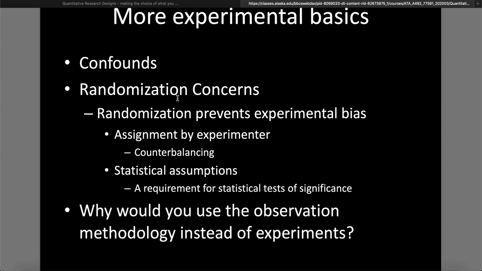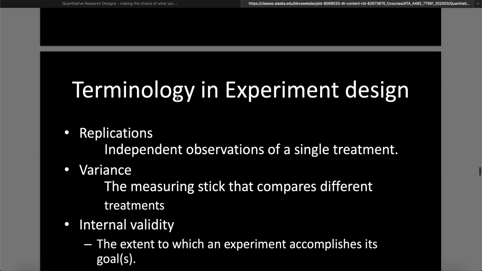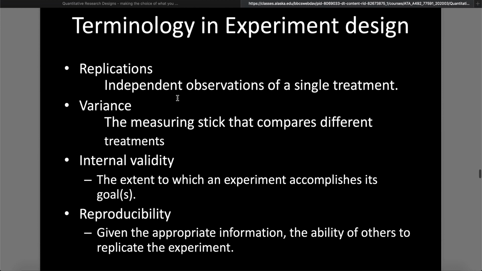We'll have to talk about how we do that in methodology, but we always want to randomize our sample to the different groups that we assign them to so that it minimizes bias. We also want to be able to replicate. We also want to have some variance. Basically, we want to be able to measure the same thing over and over again if we were to repeat this experiment.